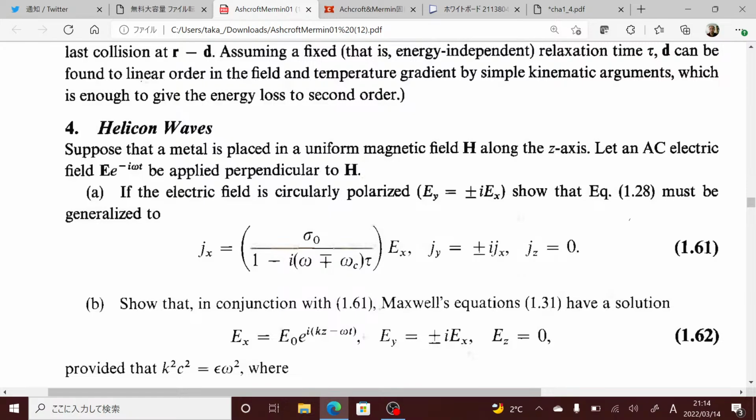Let the AC field be applied perpendicular to H, circularly polarized E. How do you describe a circularly polarized E?